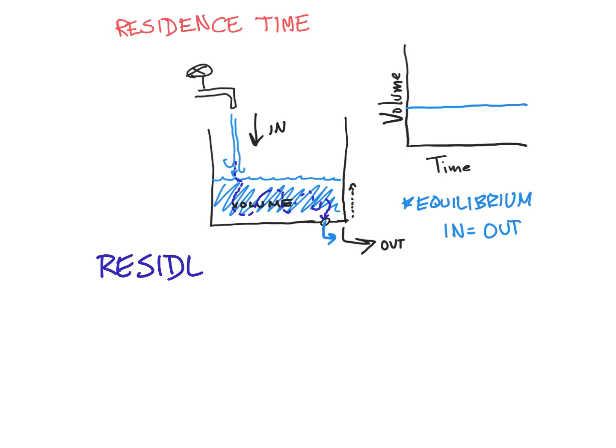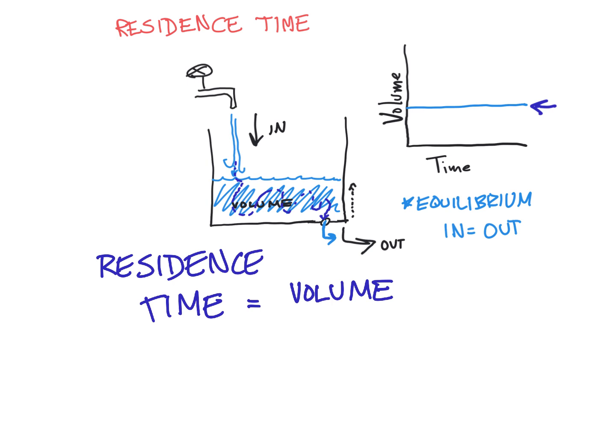In this case, the residence time of this sink system is going to be the volume of the sink, so how much water it's holding when it's in this equilibrium state, and we'll use the input rate, but it actually doesn't really matter. You could use the input or the output, right? Because since it's in equilibrium, those are the same.